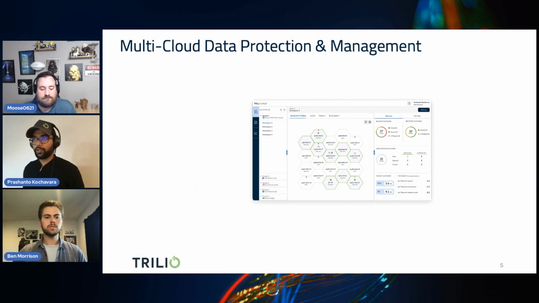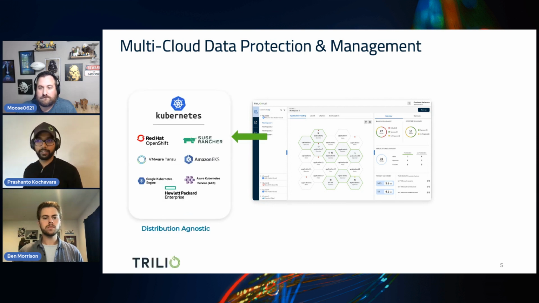So Trilio as an organization was founded in 2013. We are already the leading data protection, data management solution for OpenStack and Red Hat virtualization environments, and now we are spearheading the Kubernetes journey as well. So what you see in front of you is the Trilio Vault management console, and the way we have built our product is we've made it completely Kubernetes native.